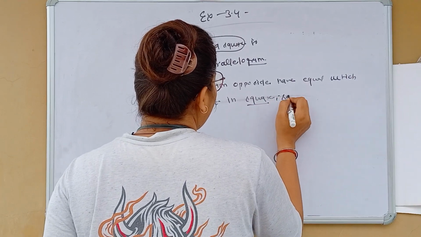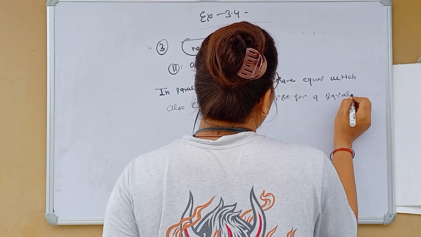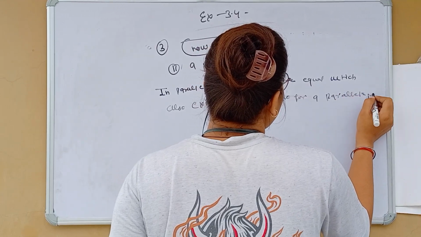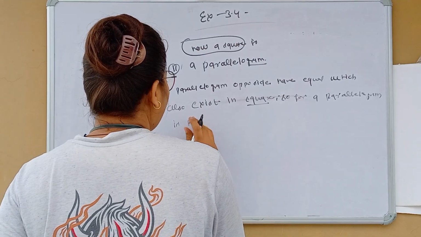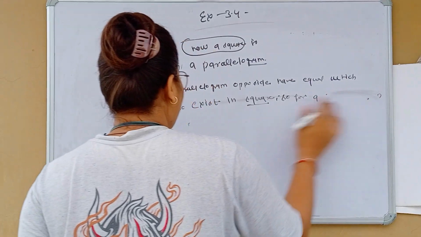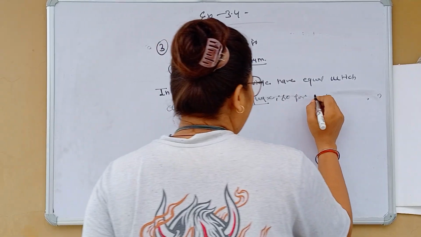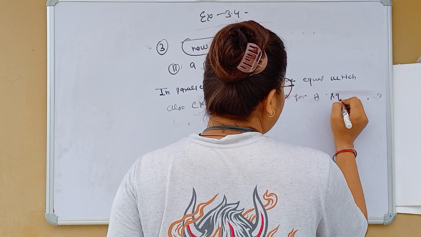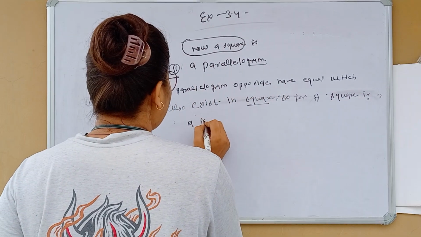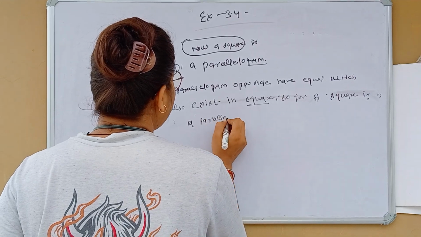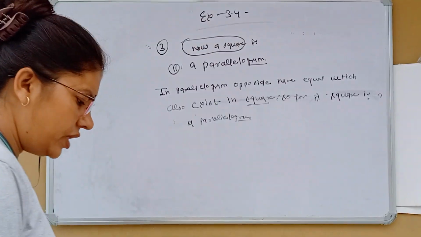So a square is a parallelogram. You can write this reason for parallelogram: because in a parallelogram opposite sides are equal.